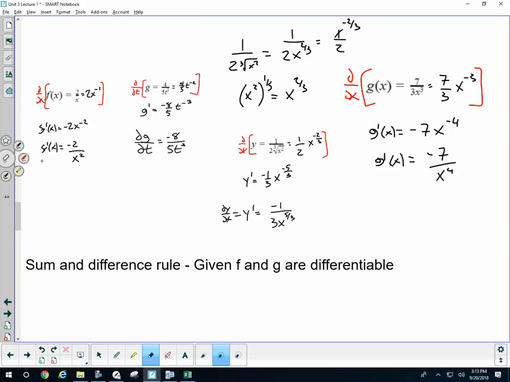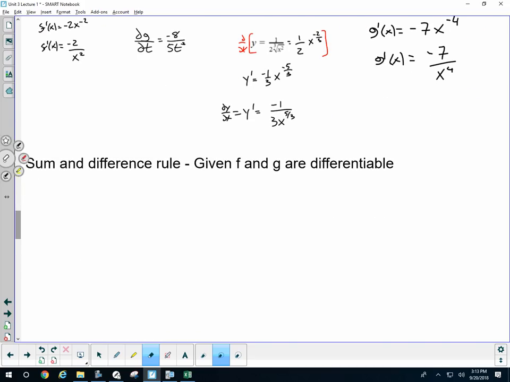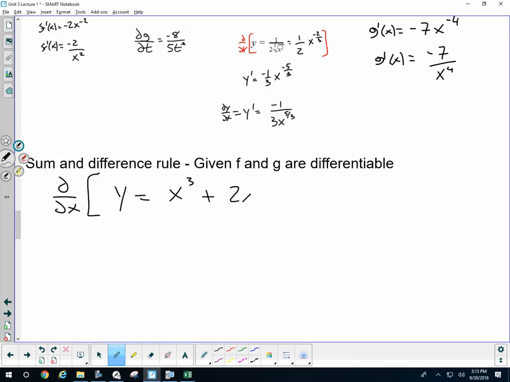The next one should come naturally to us as well, but it is important to state, and I'll just do it with a simple example. If I'm taking the derivative of some equation, some polynomial, that has multiple terms being added or subtracted.